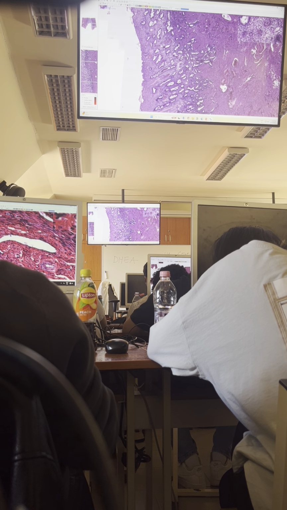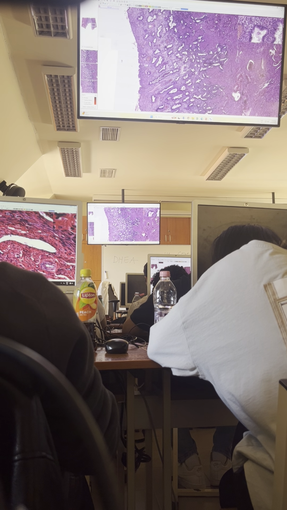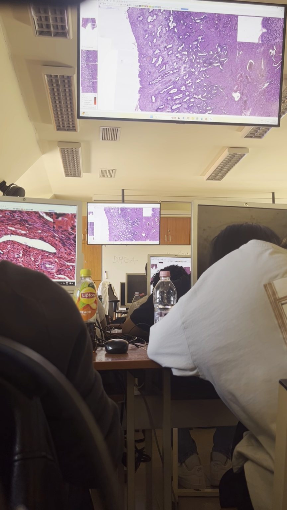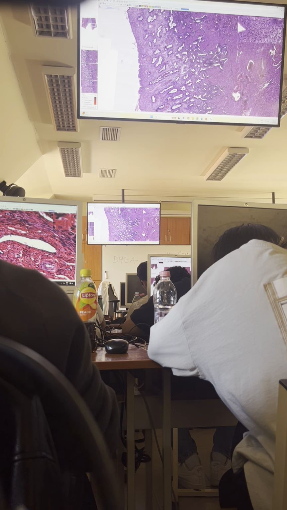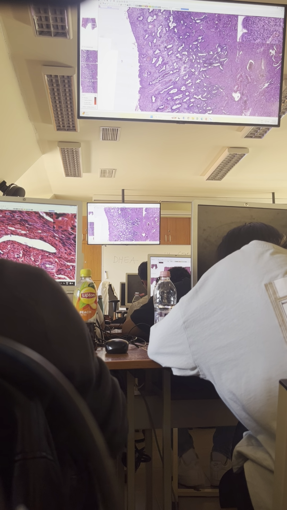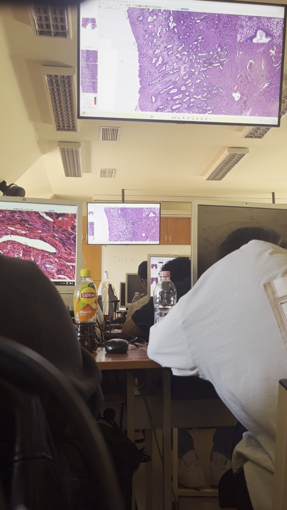But now you can further differentiate the functional layer into two sublayers, because here the more superficial part of this functional layer looks more compact and darker. Cells are closer to one another in this superficial part of the functional layer than here in the deeper part.